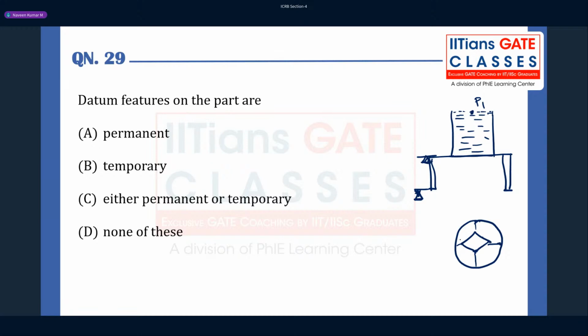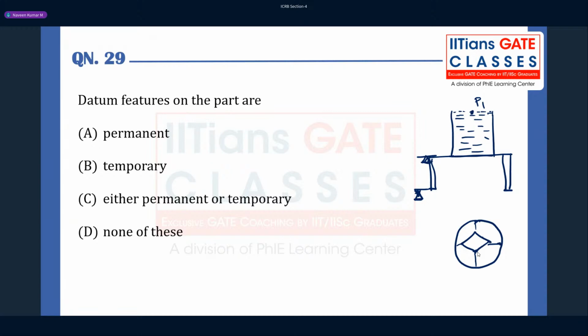Because based on the conditions, the worker who is working will be fixing his own datum and doing the work. Like when we discuss the two systems, the absolute system and the incremental system in CNC machining, G and M codes.